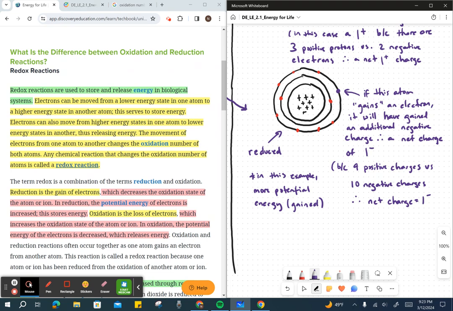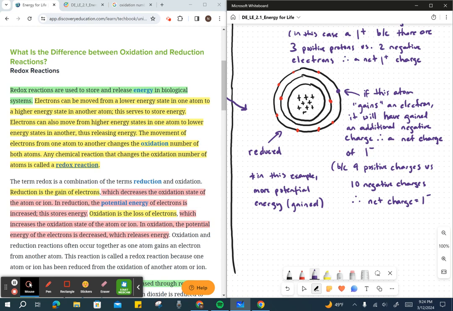If you add that up, 9 positives plus 10 negatives, you have gained a negative charge. So your oxidation number is 1 negative, 1 minus. So in this particular example, you have a reduction that has occurred, okay?